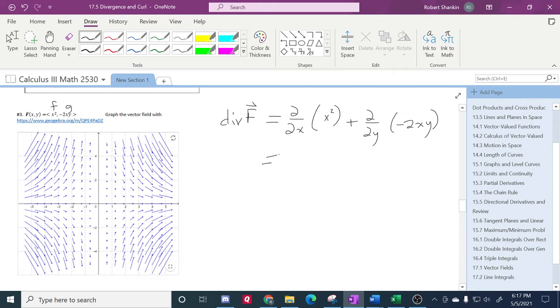And this derivative is 2x. This derivative with respect to y, you treat the negative 2x as a constant. You get this. And the divergence of this vector field, although it's complicated, its divergence is 0.